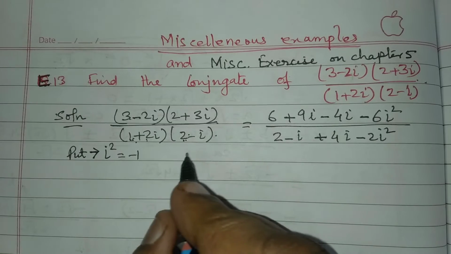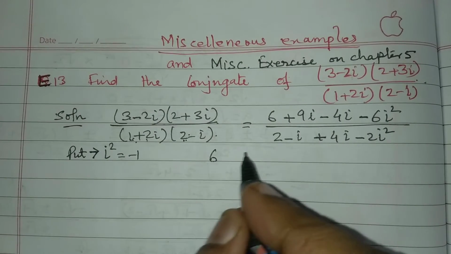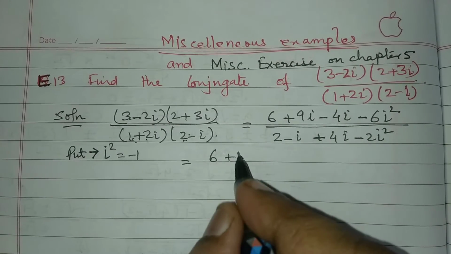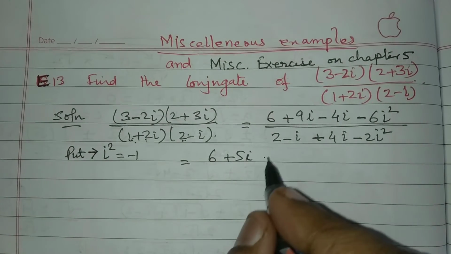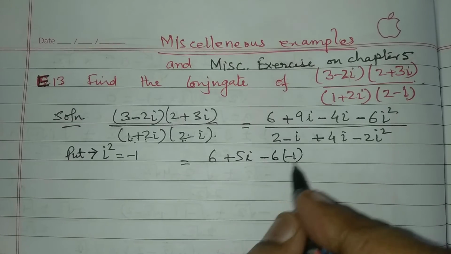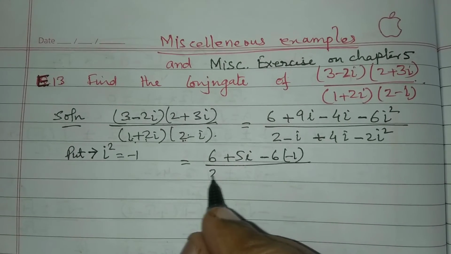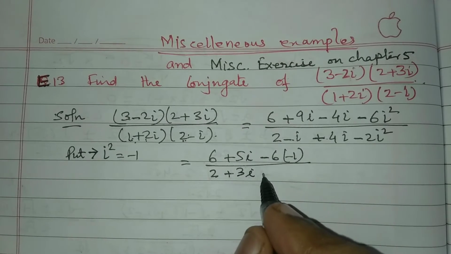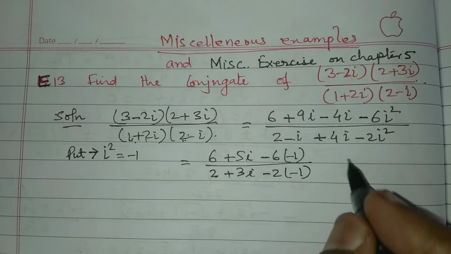So now 6, and here will be plus 5i, and then minus 6 into minus 1, so plus 6. Here 2, and plus minus, subtract, so plus 3i, and then 2 into minus 1.